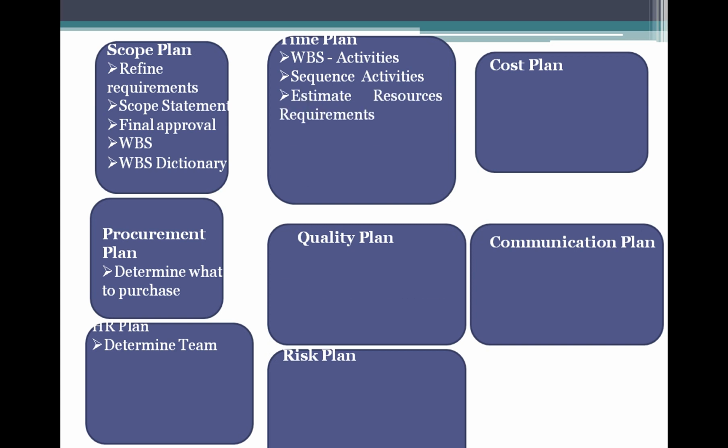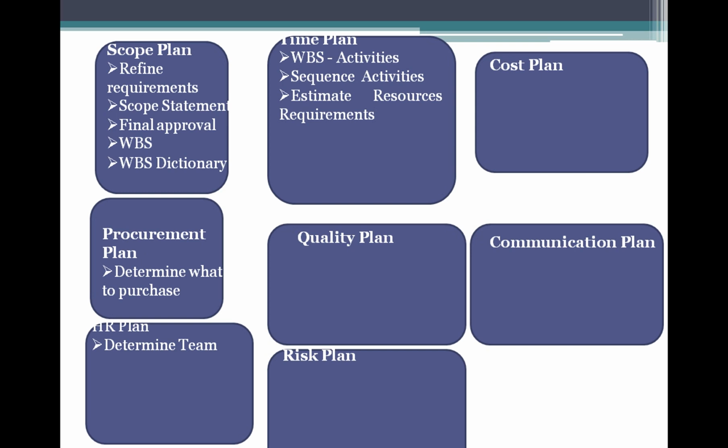Once he prepares the network diagram, he goes to estimate resource requirements. Depending on the requirements of each activity, he estimates the resource requirements, the resource type and resource quantity. Resource type is equipment, material or human resources.